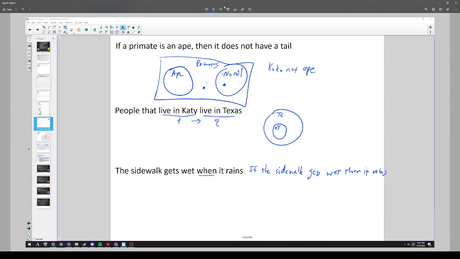So this "when" is telling us this is the triggering event. This is the if, or the hypothesis. So that'll be our P, and this will be Q. So we should write it as, if it rains, then the sidewalk gets wet.